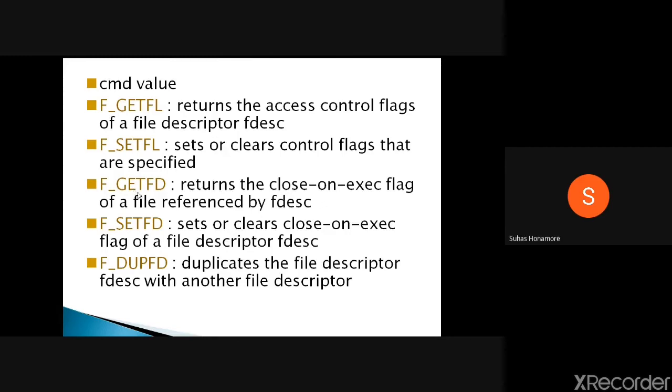Then the next command is F_GETFD. This returns the close-on-exec flag of a file referenced by the file descriptor. Whether this flag is set or not, it will tell you. What is this flag?